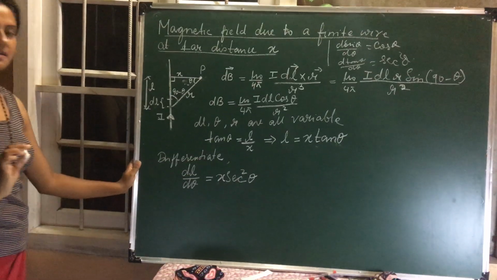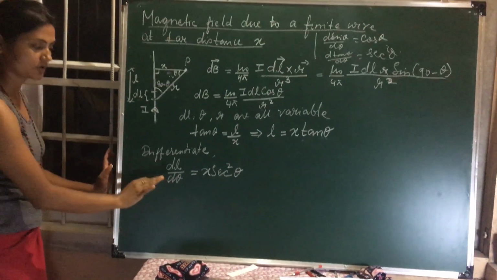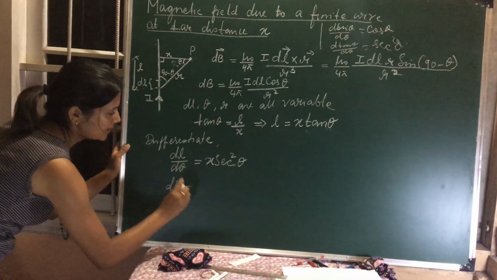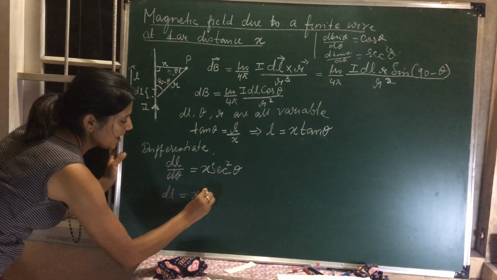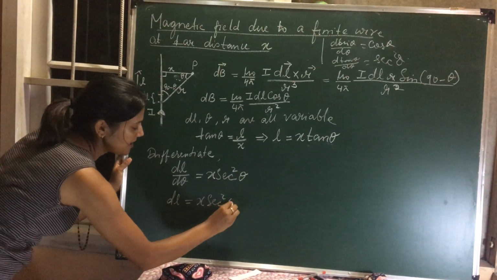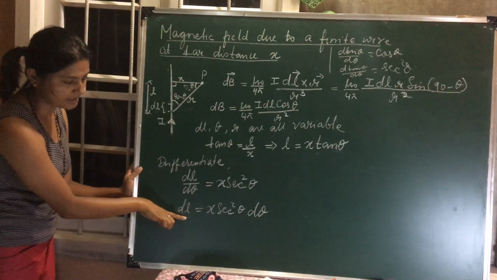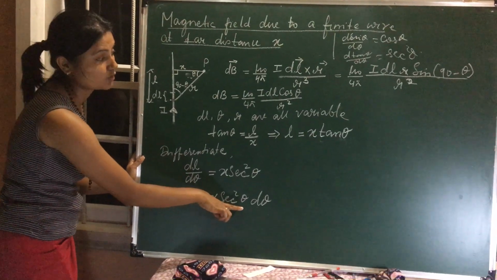I think you have seen it in mathematics, so I'm not going to repeat it. Then what will this dl become? dl will become x sec square theta d theta. Means I have converted this dl in terms of theta, which I wanted.